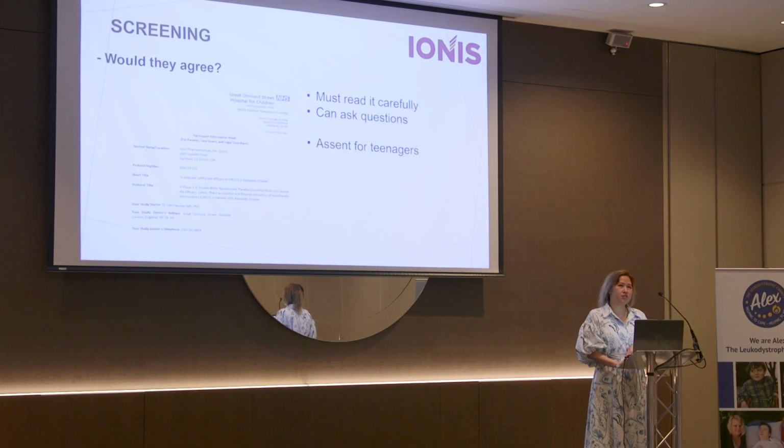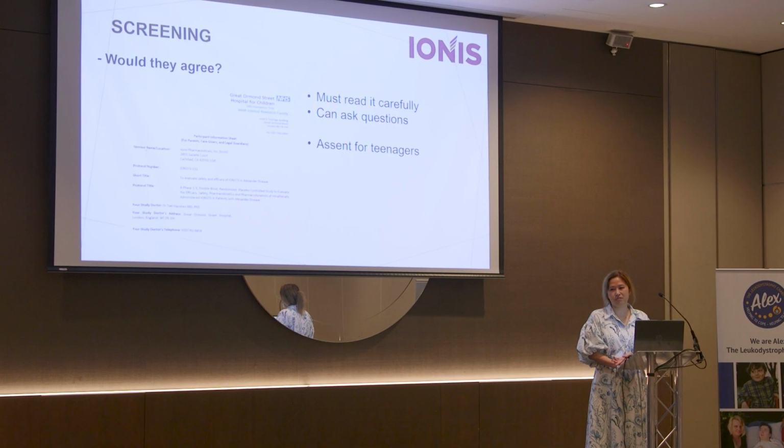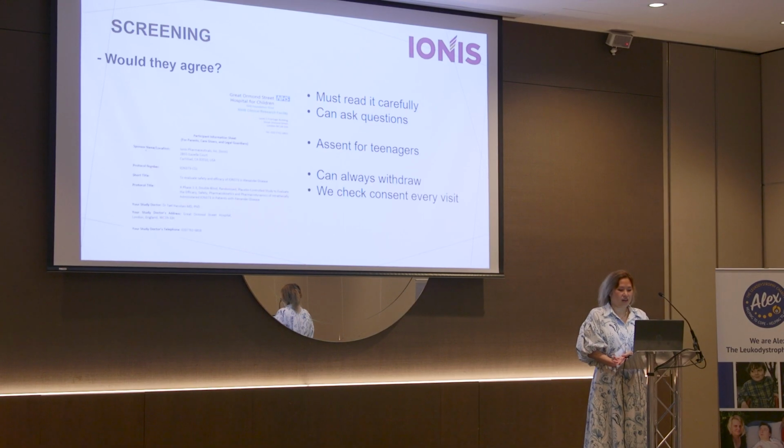And if you have teenagers, then there is a separate assent, which is in plainer language for them to understand better. You always need to remember that you can always withdraw. And every visit you come and see us, we check the consent all the time as well. So it's not like once you sign, there's no way back.